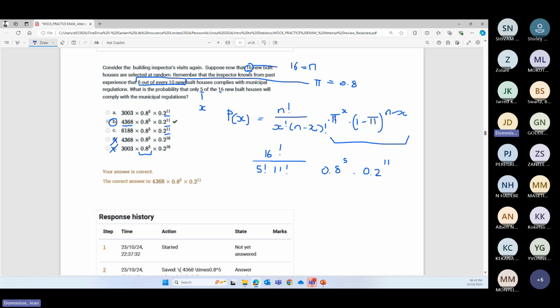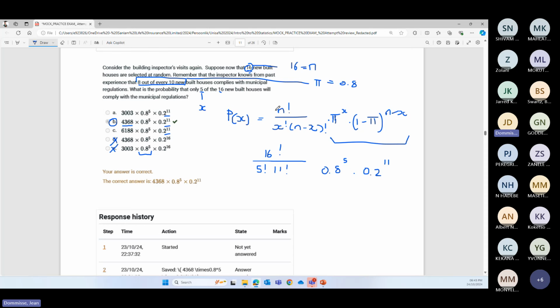So n will always be bigger than the x. n must be bigger. So n is always bigger than the number that they are referring to. It can be the same. So it can be that they said, what is the probability that 16 of the 16? So n and x can be the same value, but else n will always be bigger than the event itself.